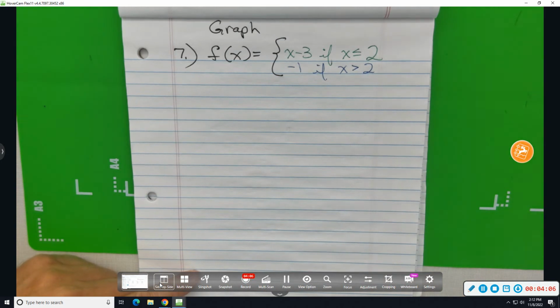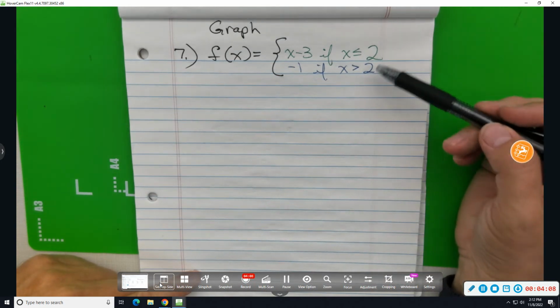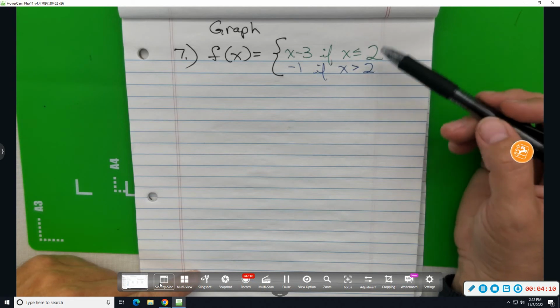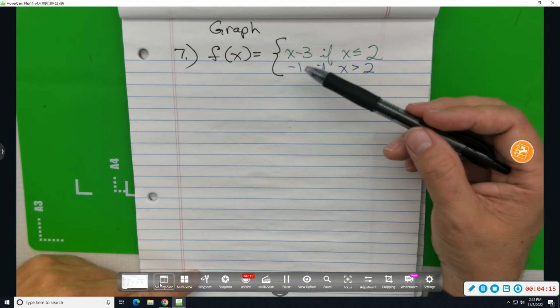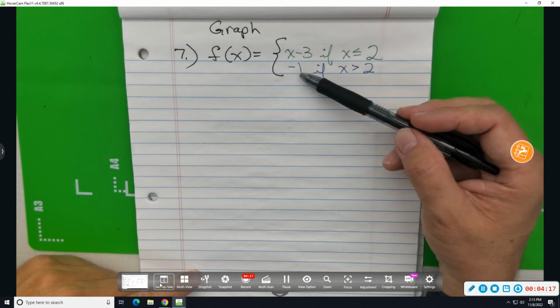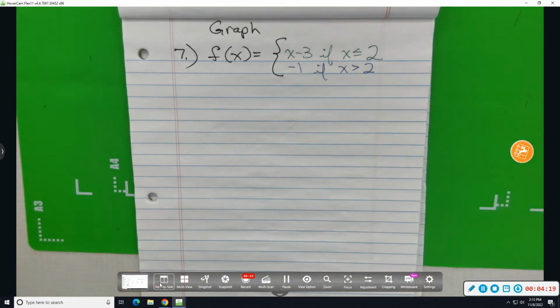Realize that in this case, the cut point is at 2 on the x-axis. At 2 on the x-axis, that's where the green piece is going to change to the blue piece. So we'll draw our xy grid.